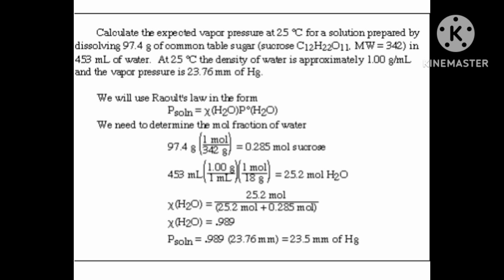This 0.312 into 200, after multiplying, gives 62.4 mm Hg. That is the vapor pressure of chloroform.